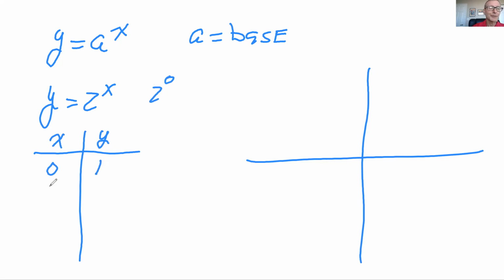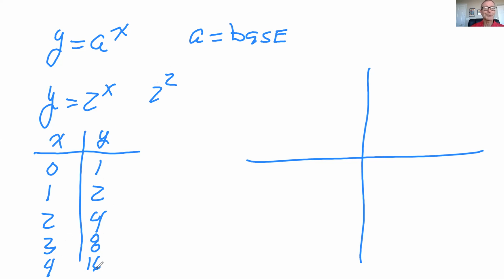We plug in 1, 2 to the first power is 2. We plug in 2, 2 squared is 4, 2 to the third is 8, 2 to the fourth is 16. And you can see it doubles every time we increase the exponent.